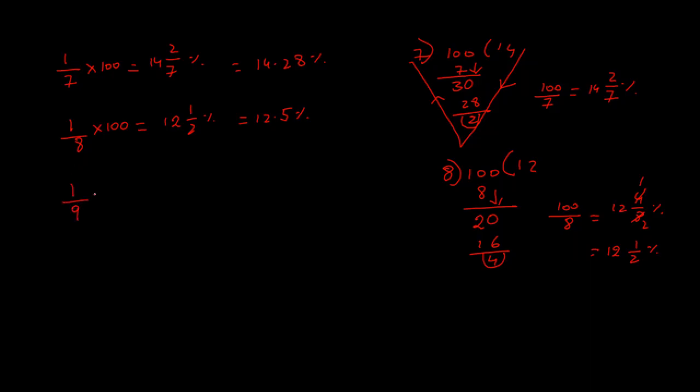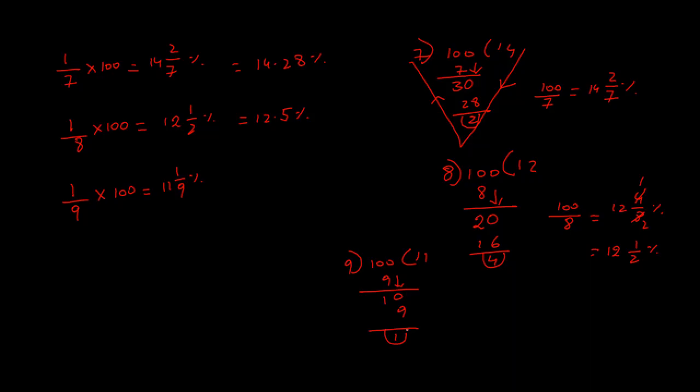1 by 9 into 100 gives us 11 1 by 9%. I'll convert this also. 9 100, 9 ones are 9. I was left with 1 and was left 0. 9 ones are 9 and I was left with 1 as my remainder.